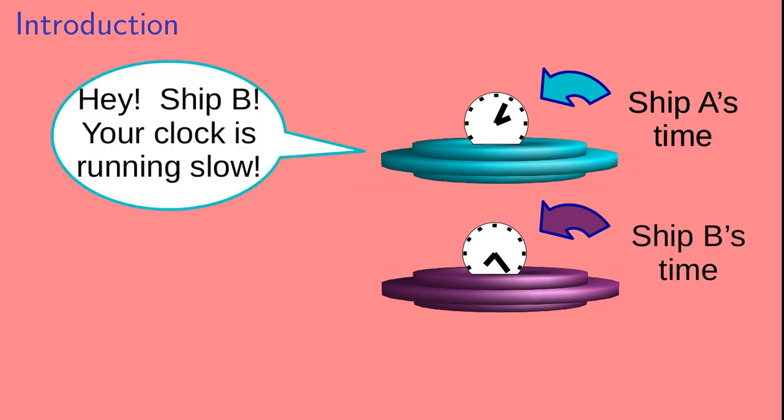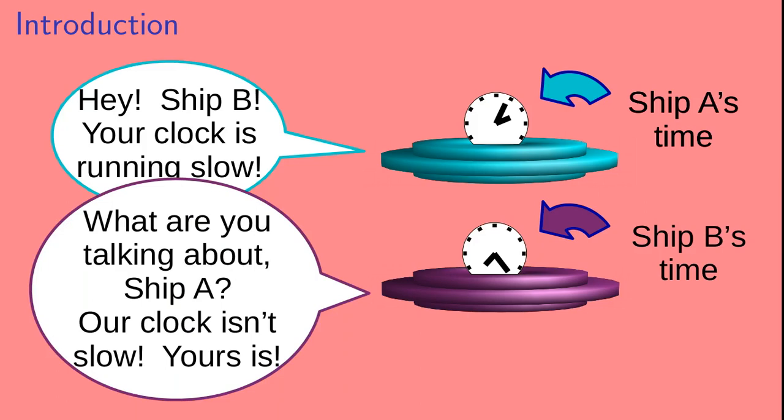If either ship compares the rate at which their own clock is ticking with the rate they observe from the clock on the other ship, they will conclude that the other ship's clock is running more slowly than their own. So ship A will conclude that ship B's clock is running slow, and ship B will conclude that ship A's clock is running slow.